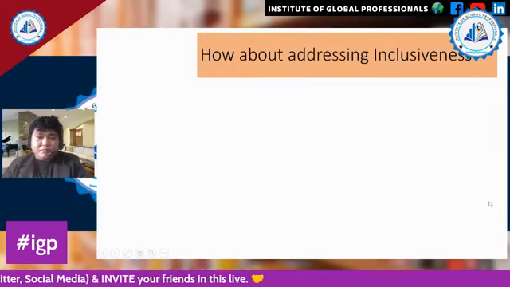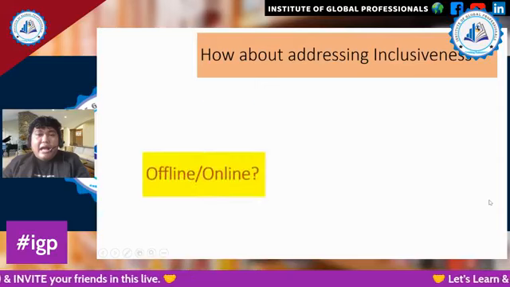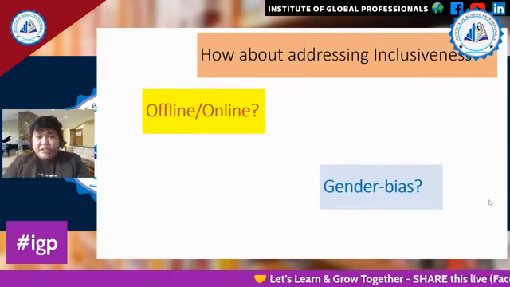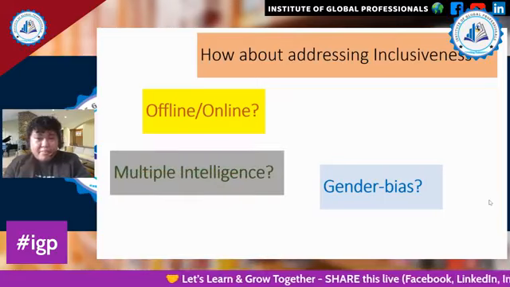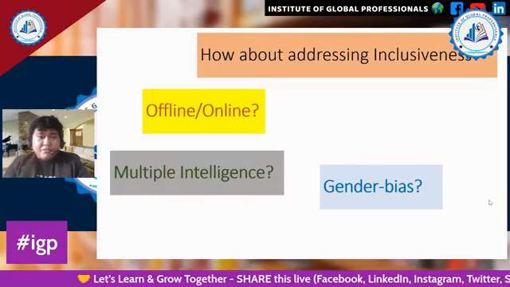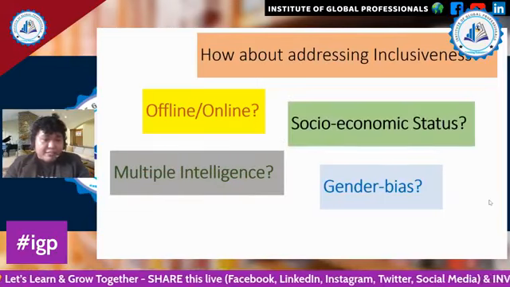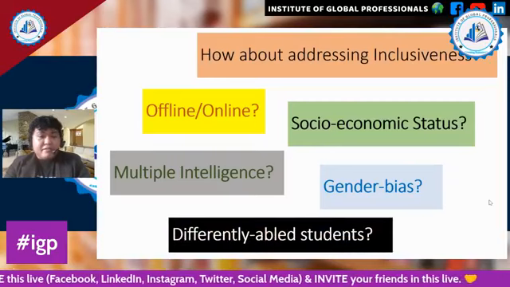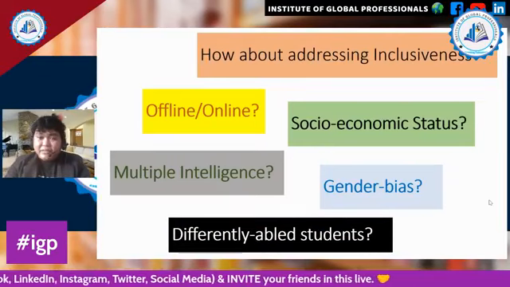Now, how about addressing inclusiveness? Inclusiveness such as, can it be done offline or online? Is it gender biased? Does it cater to multiple intelligences? Will it be available to all socioeconomic statuses? How about for differently abled students?